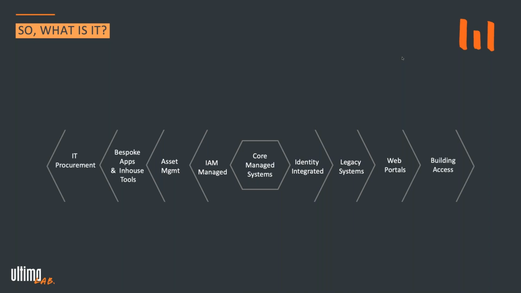So here we see most organizations have a wide range of systems and processes which need to be considered for their join, move and leaver processes. This can be things from identity integrated systems such as Dynamics, Office 365, etc., moving outwards to legacy systems, asset management systems, even bespoke tools that are developed in-house, or web portals that are often quite difficult to automate, actually, surprisingly.